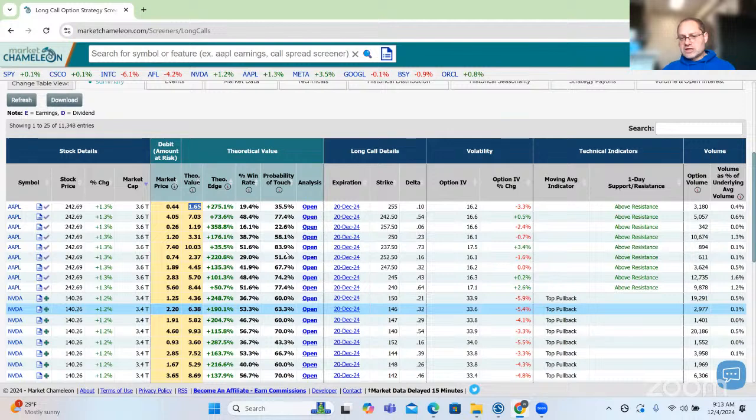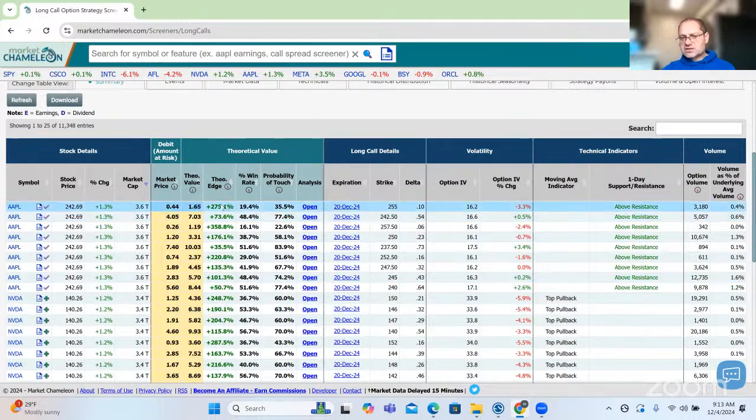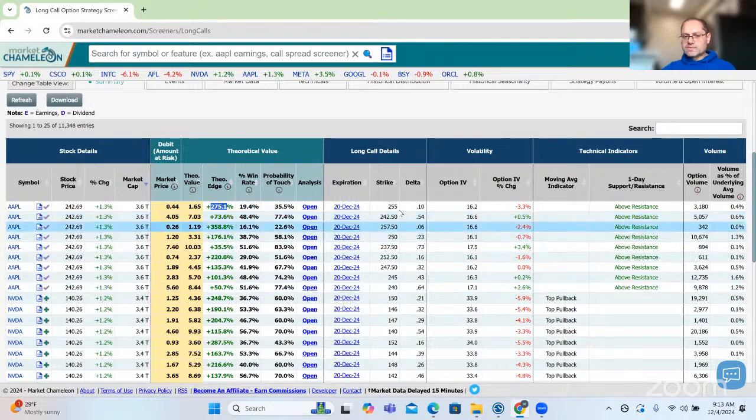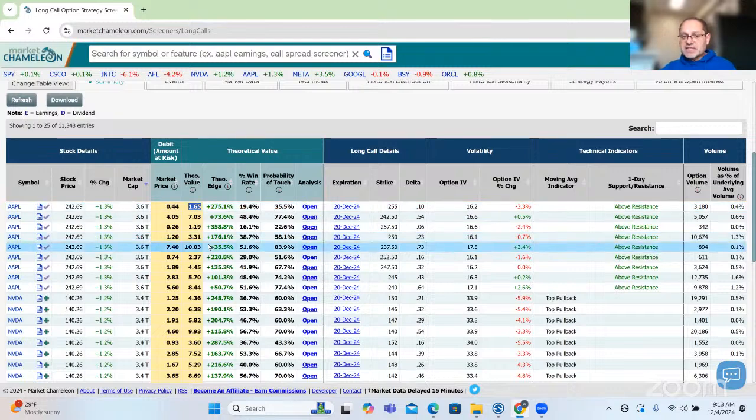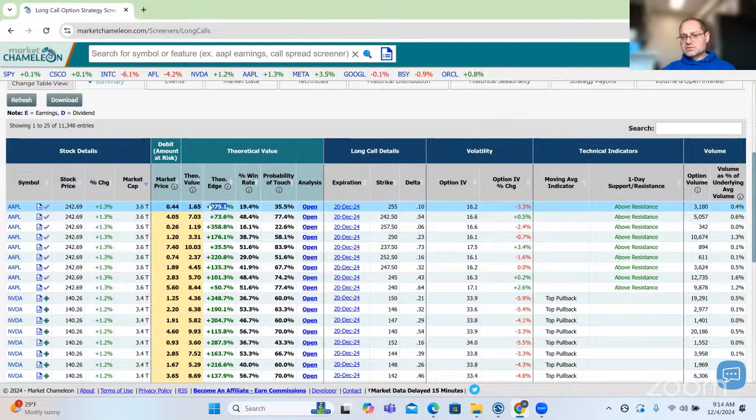Before we get to that, the edge here shows you, in theory, if we used this $1.65 as the long-term average price, and the distribution looks anything similar in the future to the past, and we took the difference between the market price and that average price in terms of percentage, this would be a 275% theoretical edge.